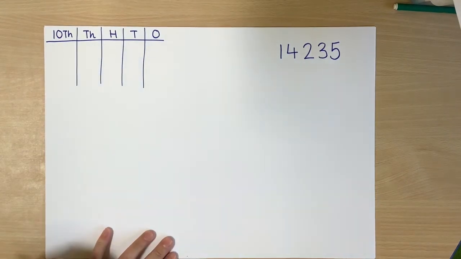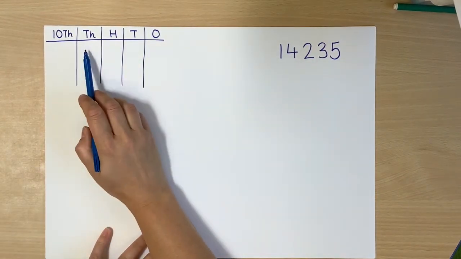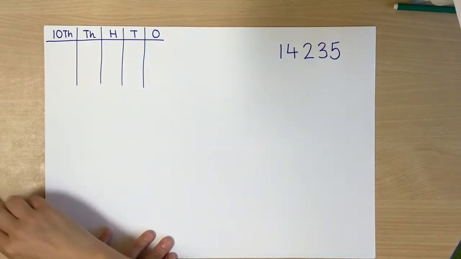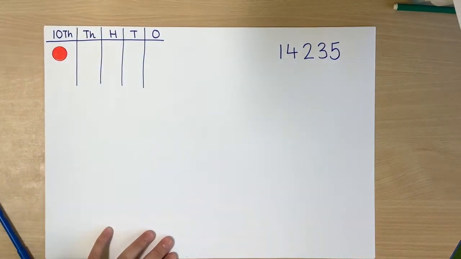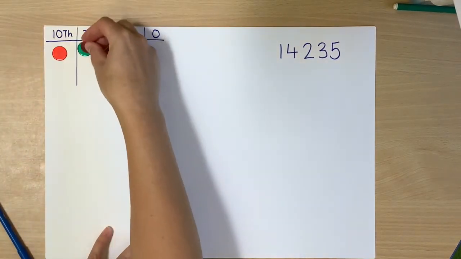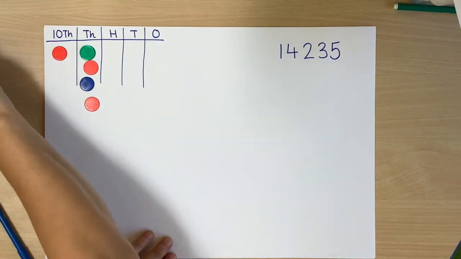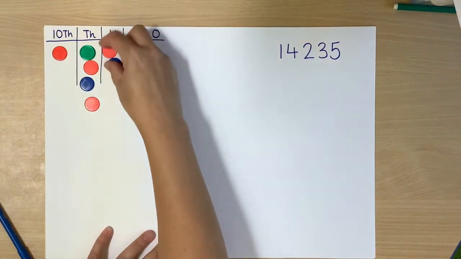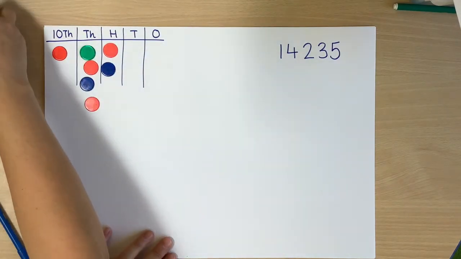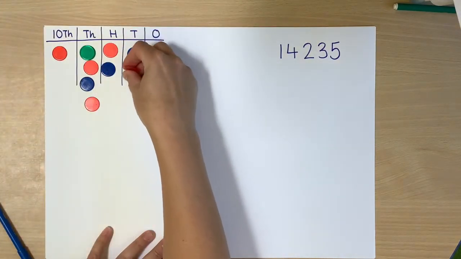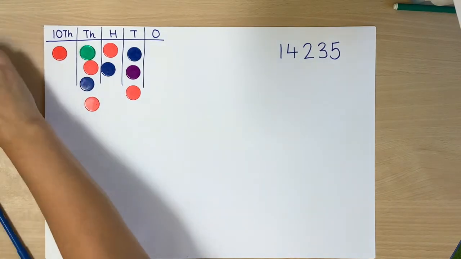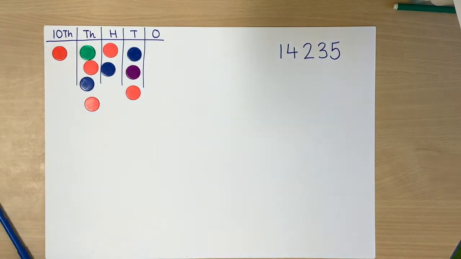If I was going to do it on a place value grid, I could of course have counters here to represent numbers. I could put 1 in the 10,000s. I could put 4 in the thousands, 2 hundreds, 3 tens, and 5 ones.